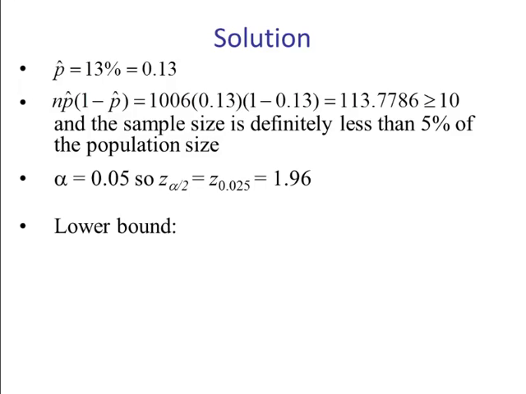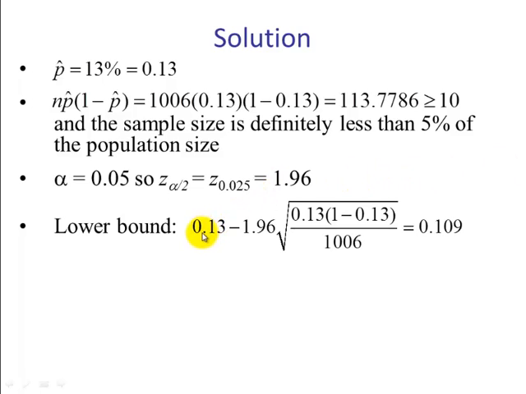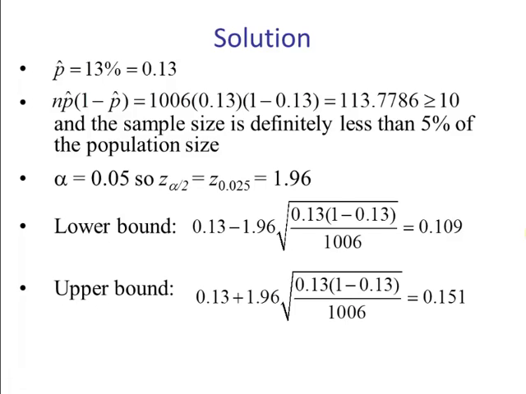If we put these values into our formula, we get our point estimate P hat 0.13 minus our margin of error, which is the z-score times the standard error, and we end up with 0.109. For the upper bound, we do the same thing, except this time we add the margin of error to the point estimate, and we end up with 0.151. So this is our 95% confidence interval.